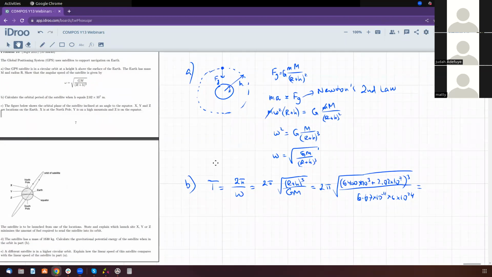But let's check. So 2 pi times the square root of (6,400,000 plus 2.02 times 10 to the 7) cubed, divided by 6.67 times 10 to the minus 11 multiplied by 6 times 10 to the 24.